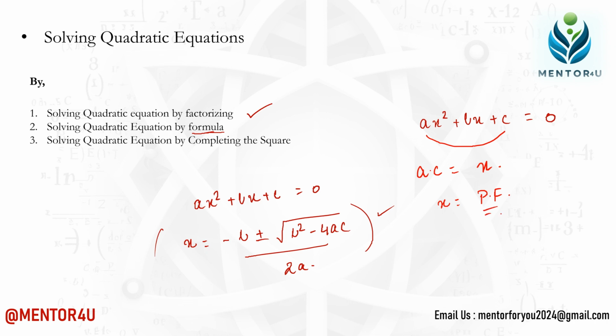The motive here should be making such possible pairs of those factors such that when you multiply them, it should be equal to ac, and when you add them, F1 plus F2, that should be equal to b.